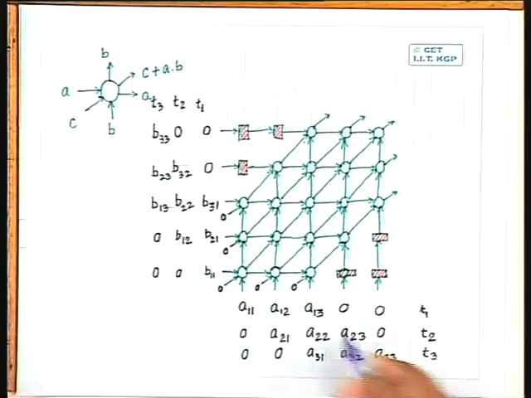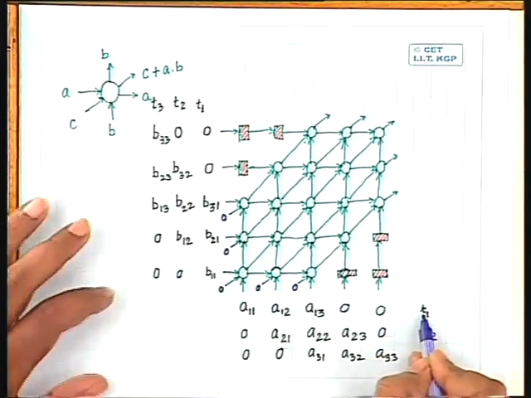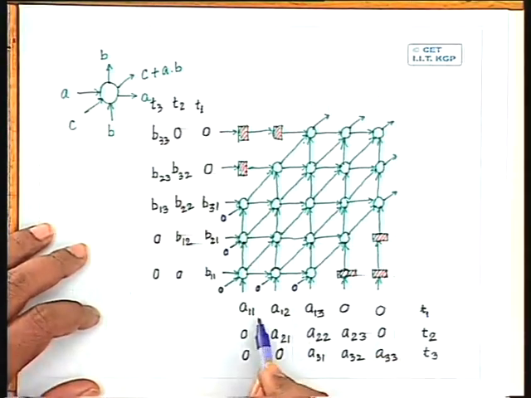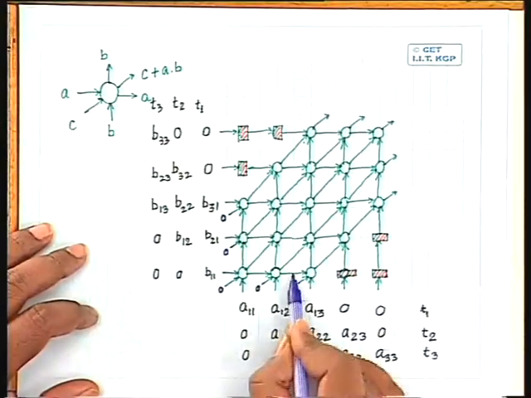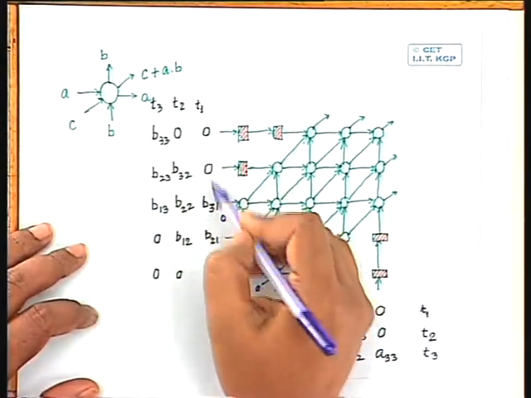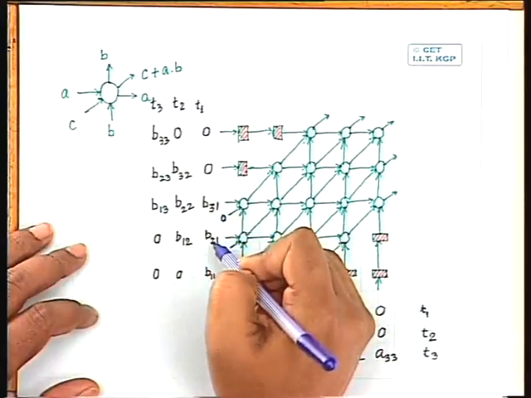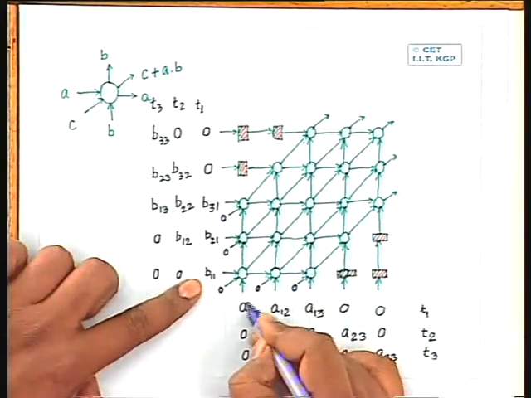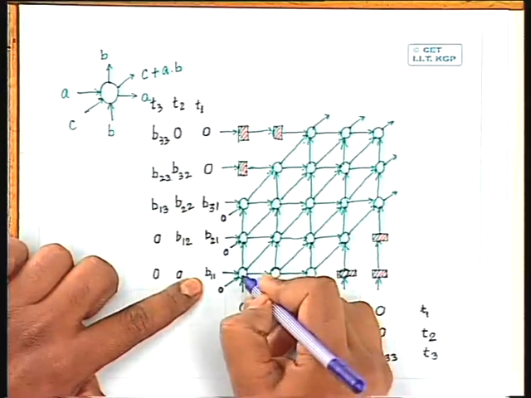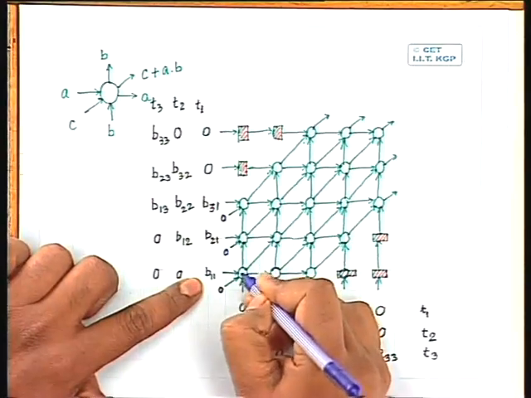Okay. So find that at time T1 we are feeding one row of matrix A in the vertical direction and one column of matrix B in the horizontal direction. Once these data are available, what is the output of this processing node?